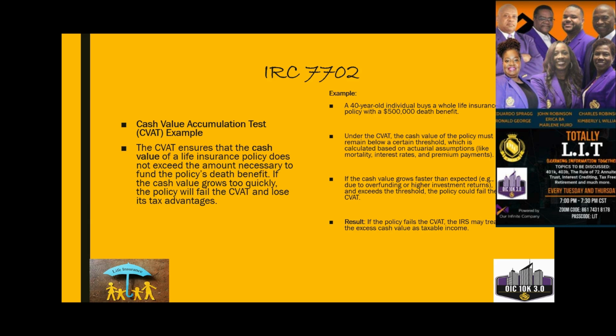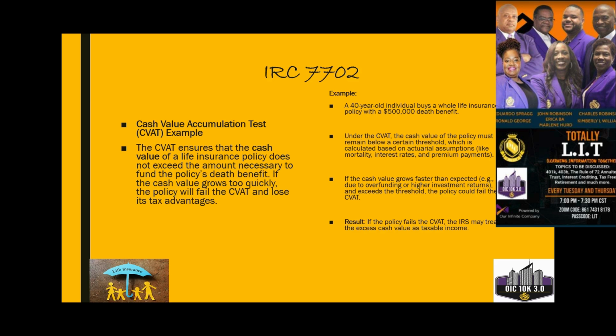The cash value accumulation test ensures that the cash value of the life insurance policy does not exceed the amount necessary to fund the policy's death benefit. So that means that if cash value grows too quickly, the policy will fail this test, and the IRS will look at this as a tax investment.